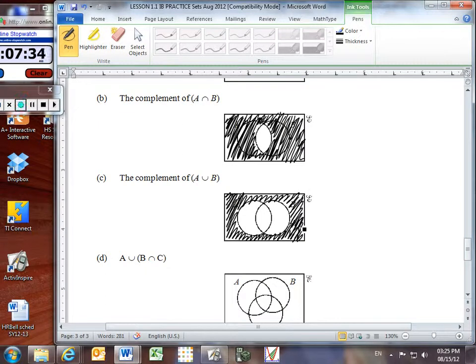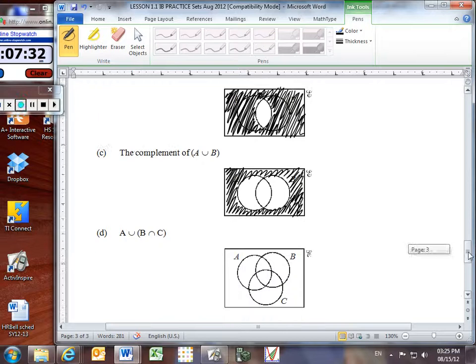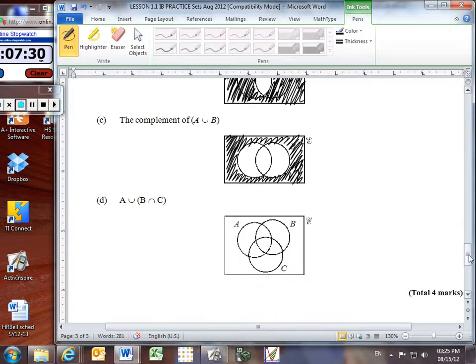And lastly, part D, they want us to shade the region that is inside A or is inside the intersection between B and C. Well, let's work with the parentheses first, like order of operations.